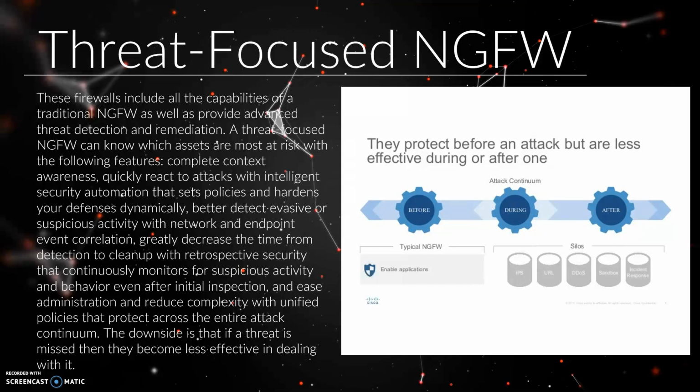A threat-focused next-generation firewall can know which assets are most at risk with the following features: complete context awareness; quickly react to attacks with intelligent security automation that sets policies and hardens your defenses dynamically; better detect evasive or suspicious activity with network and endpoint event correlation; greatly decrease the time from detection to cleanup with retrospective security that continuously monitors for suspicious activity and behavior even after initial inspection; and ease administration and reduce complexity with unified policies that protect across the entire attack continuum, which is what is referred to in this picture here.